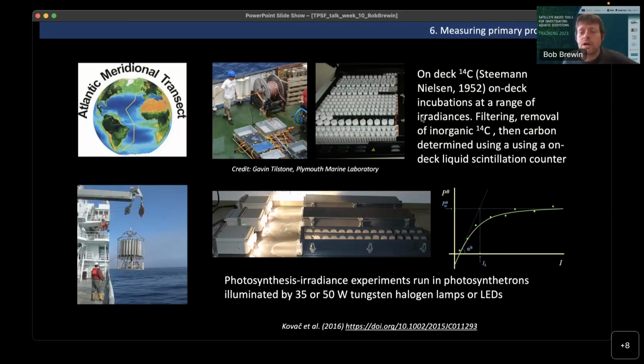So you would use the 14C technique, whereby you add 14C to the sample, and basically you run these incubations over the course of about 12 to 24 hours at various light gradients that are designed to reflect the depths at which they were collected in the water.